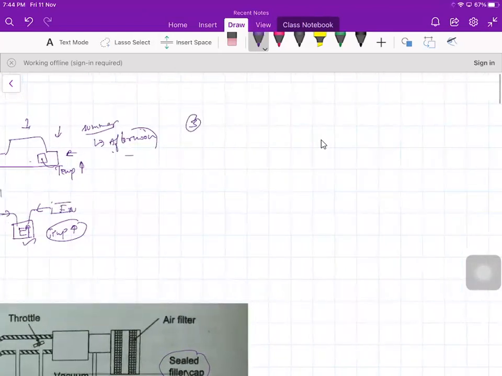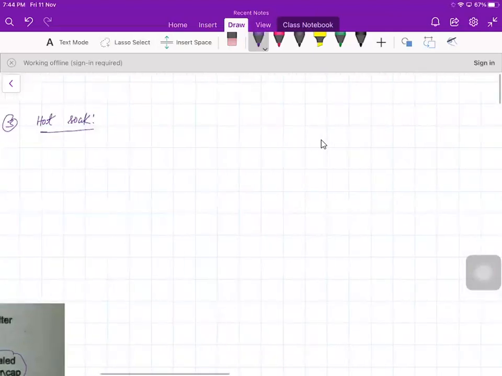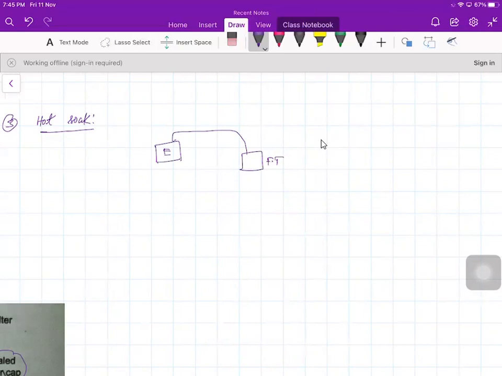Third type, that is hot soak. Hot soak means, again, we take this as the engine and somewhere you have the fuel tank. Just think that we have the exhaust system somewhere. Now what happens?